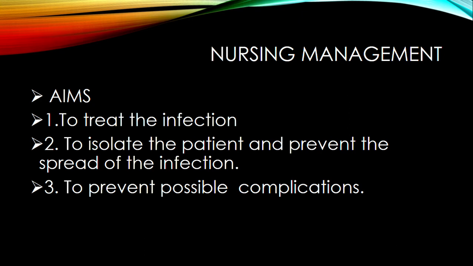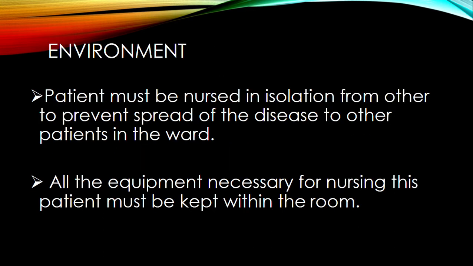Then if the patient is dehydrated, remember there was some diarrhea. Because of the inflammation in the GIT, the patient may have diarrhea, which can result in dehydration. So we are going to administer fluids in order to replace the lost body fluids and electrolytes. So those are our aims.